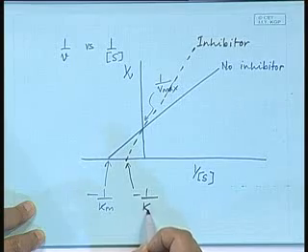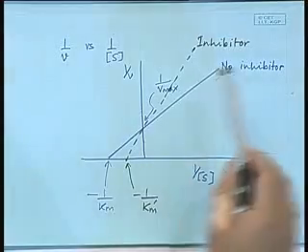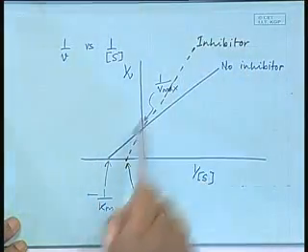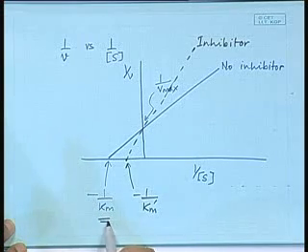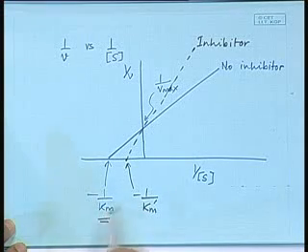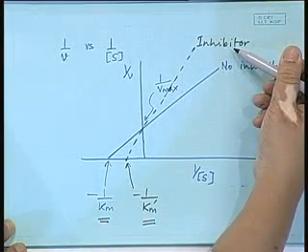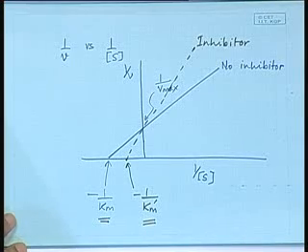This is minus 1 by Km prime. Fine. So I have no inhibitor in one case. In the next case, so what can I now determine? I can determine my Km values for the uninhibited enzyme and the Km prime value for the presence of the inhibitor. And I can also find out what Vmax is.